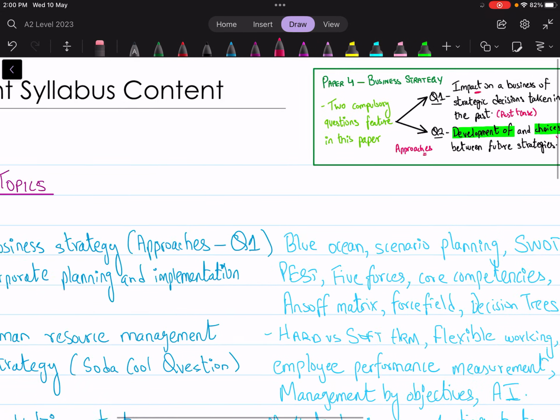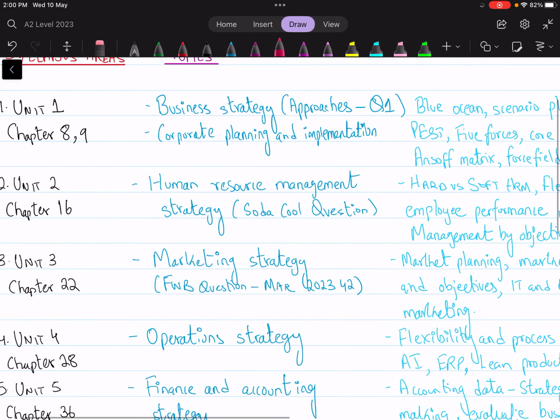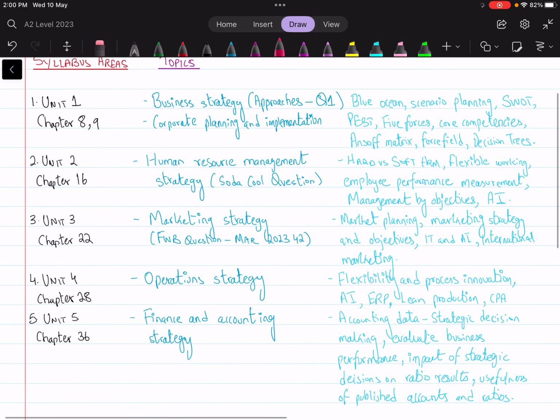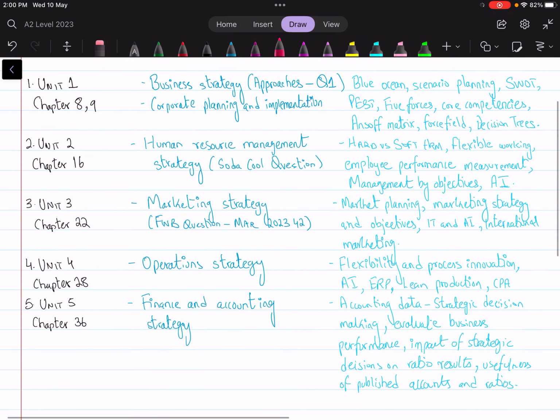So as far as syllabus content is concerned, this is the particular breakup of the syllabus content. You can see that if you talk about unit 1, there are different chapters: business strategy and corporate planning and implementation, with chapters such as management of change, corporate culture, contingency planning. All these topics would somehow be intertwined with the information of the case.